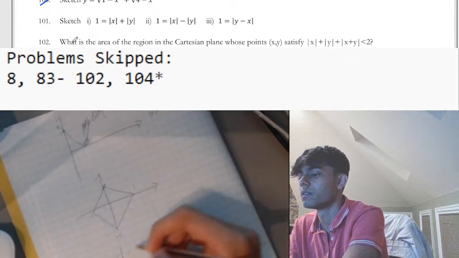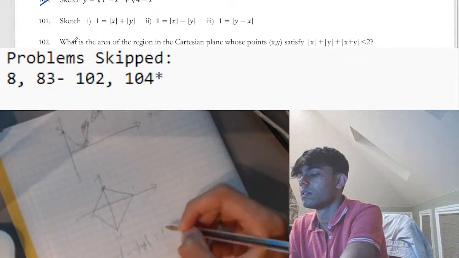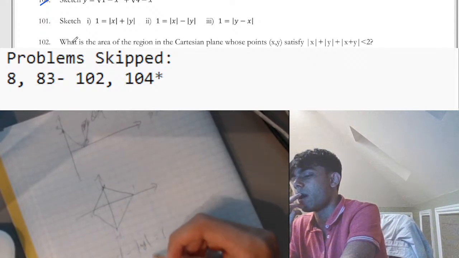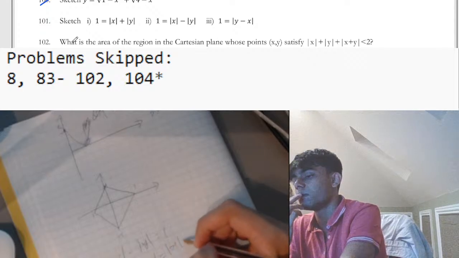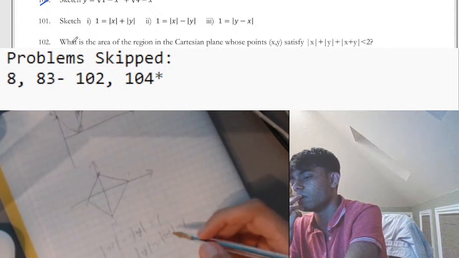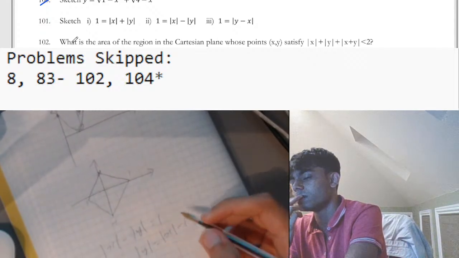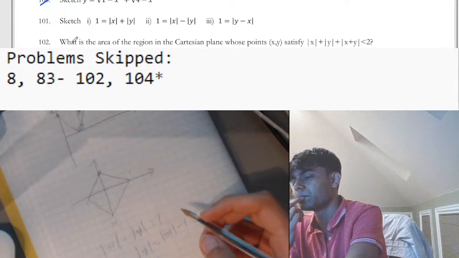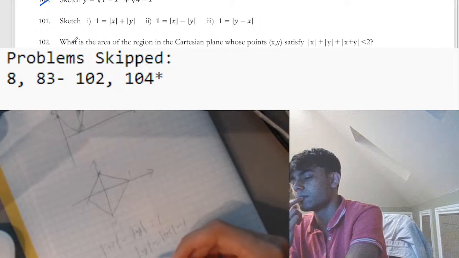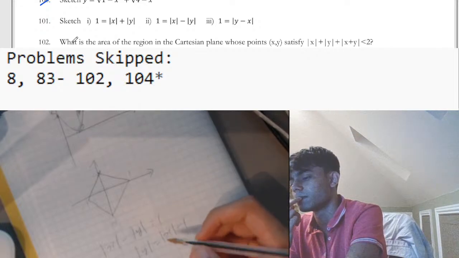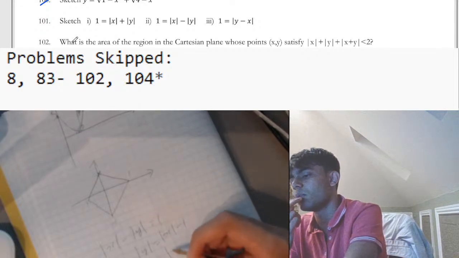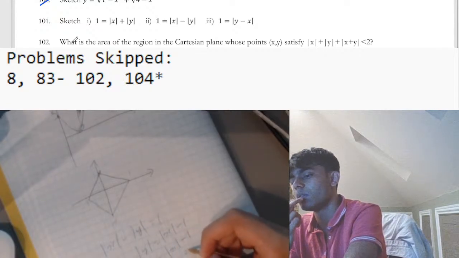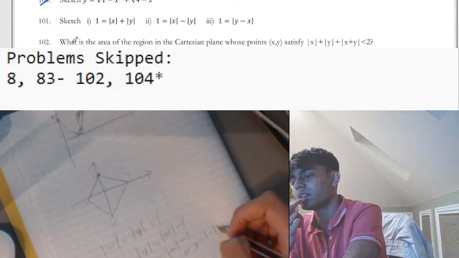For this thing, mod y is mod x minus 1. So y is mod x minus 1, or y is 1 minus mod x.